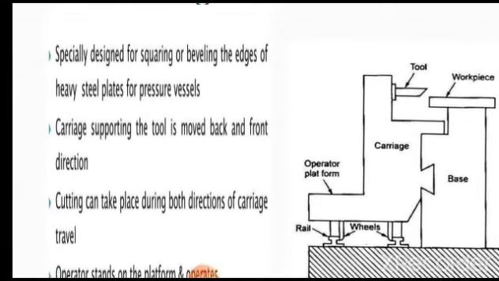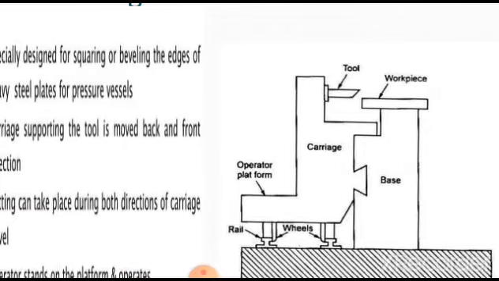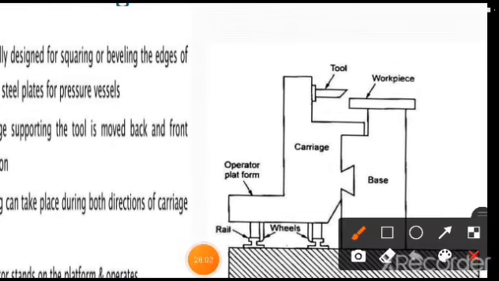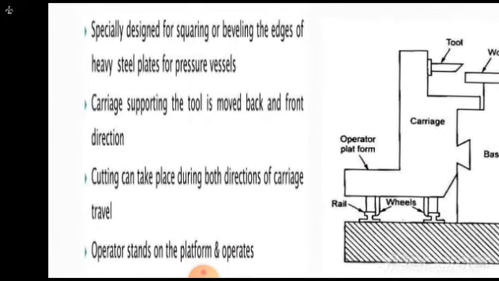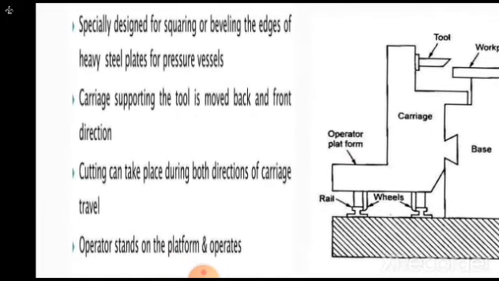This is a plate which is held firmly on the base, and the tool is made to move along with the carriage, and the operator stands here to operate the machine. The carriage supporting the tool is moved back and forth.